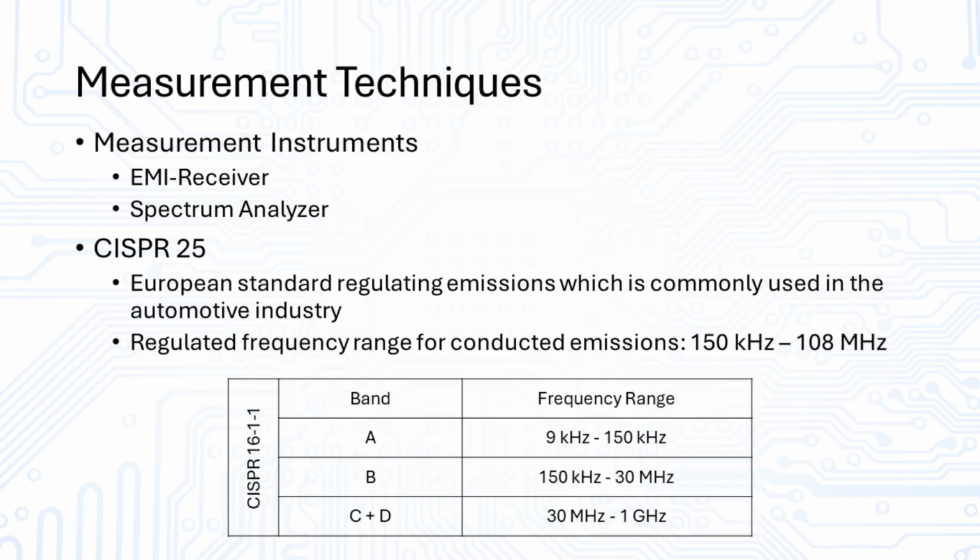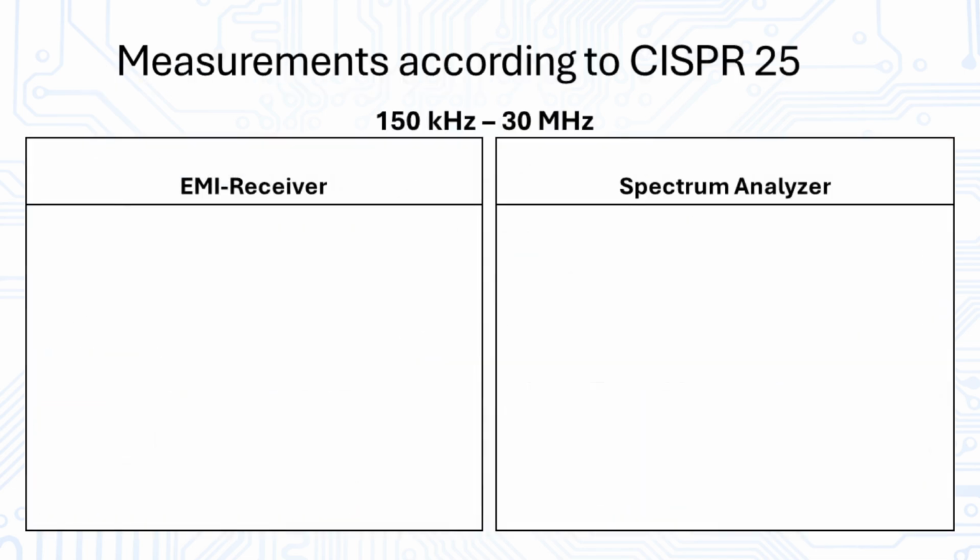For setting up our measurement instrument, we must further distinguish between frequencies above or below 30 MHz. This is necessary as at 30 MHz we move from the so-called frequency band B, ranging from 150 kHz to 30 MHz, to band C plus D, ranging from 30 MHz to 1 GHz. Now, setting up the EMI receiver for frequencies below 30 MHz is straightforward.